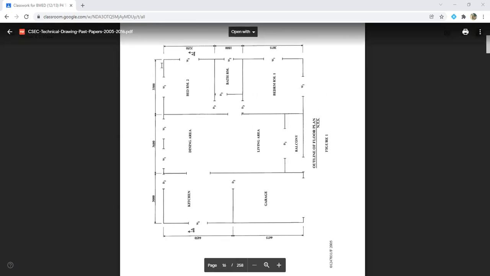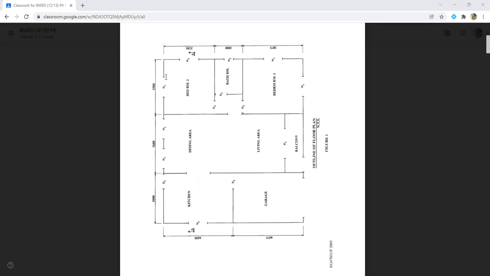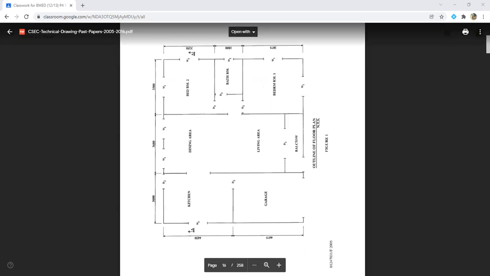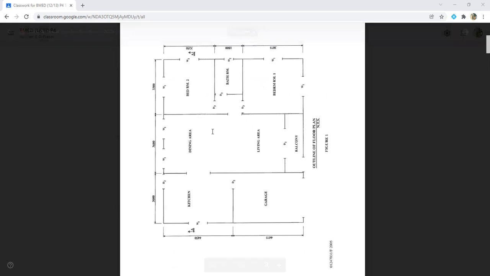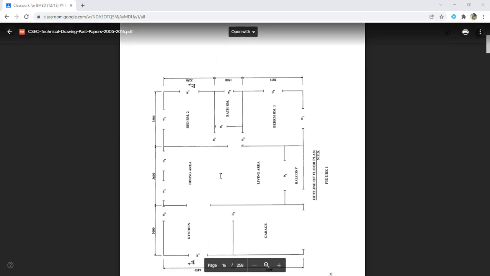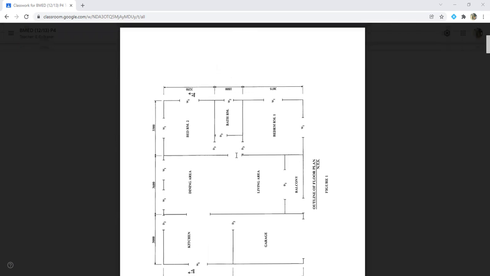Figure 1 shows the outline for the floor plan. It's good to look over the question first before you start to do any reading, so you can relate to what the question is saying. This is the 2-bedroom, kitchen, garage, living, dining, and balcony.